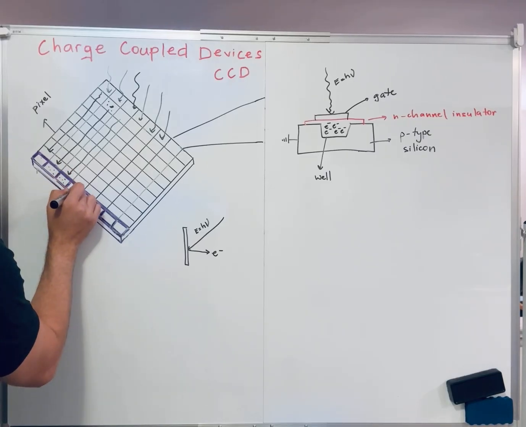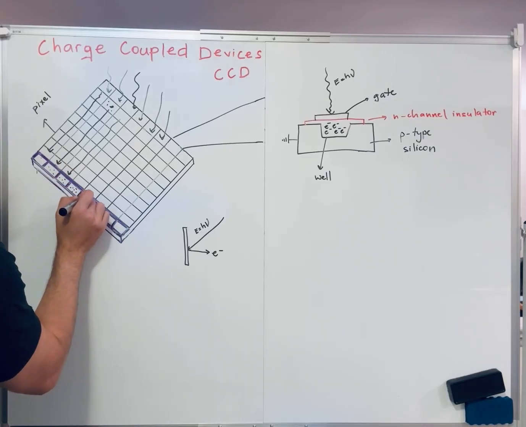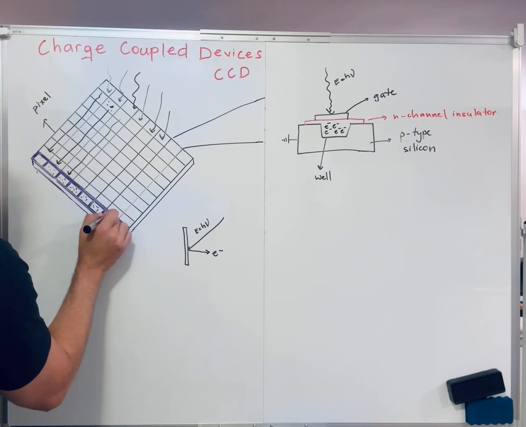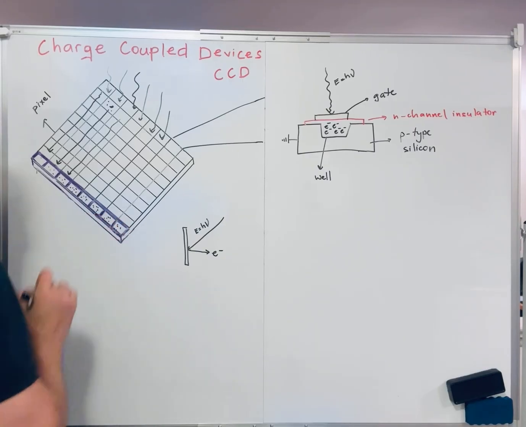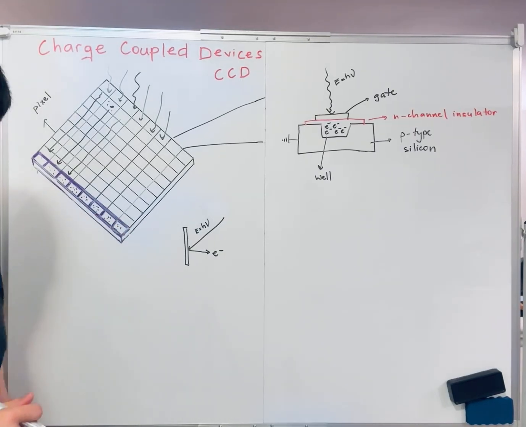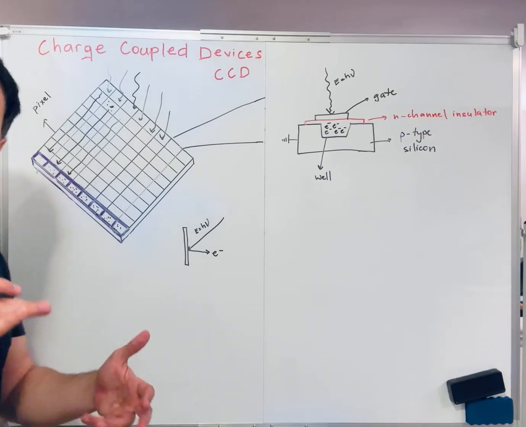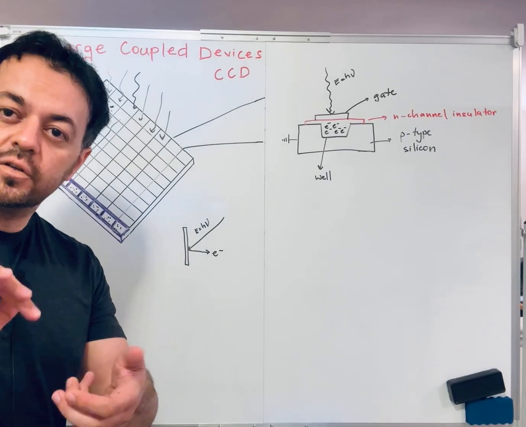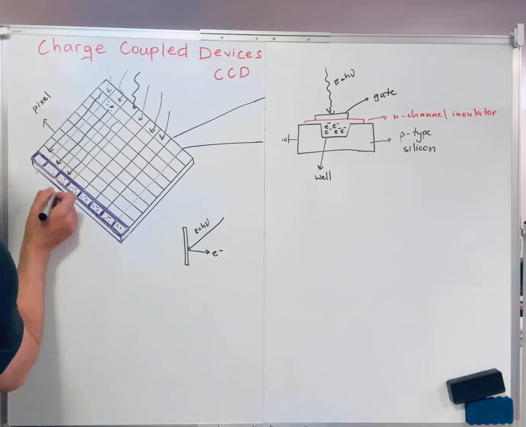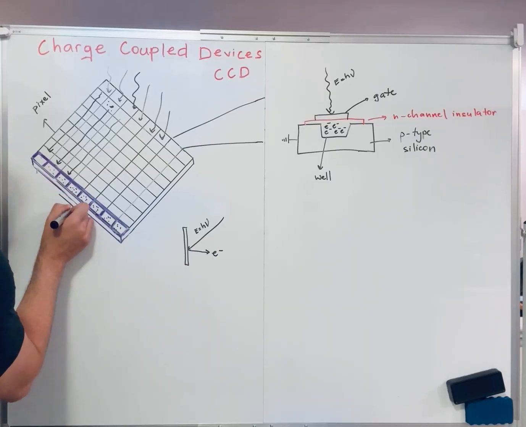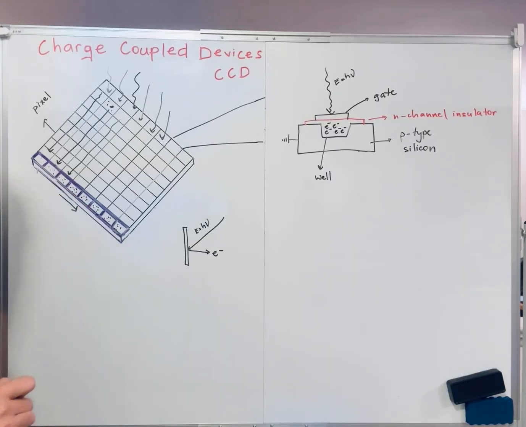This serial reader is going to collect all these electrons. And what happens after this? After this, a different potential or different voltage is going to drag the electrons horizontally.